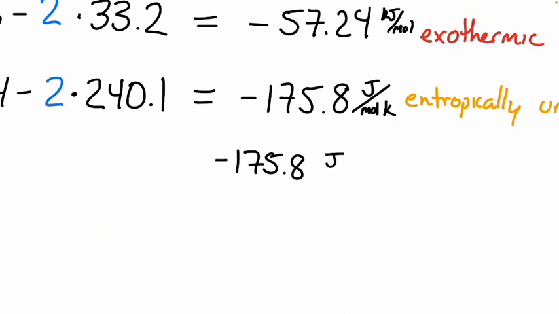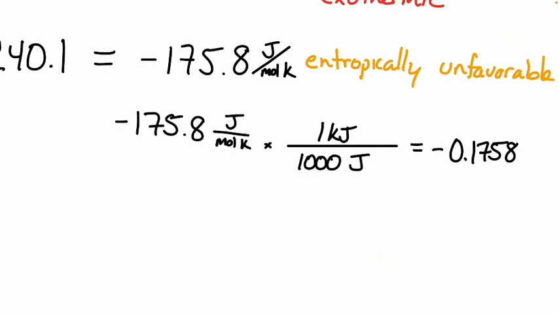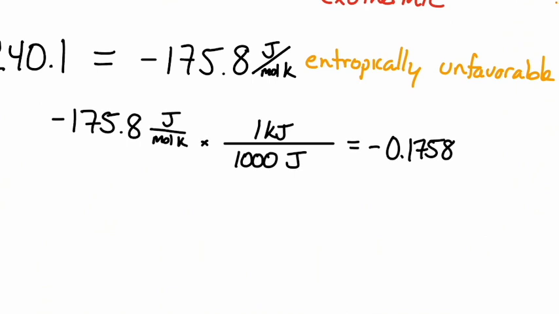This is joules per mole Kelvin. I'm going to use the fact that there are 1,000 joules in 1 kilojoule. All right, so what I'm going to use in my equation is negative 0.1758, because now my units are all squared away. Kilojoules per mole Kelvin.